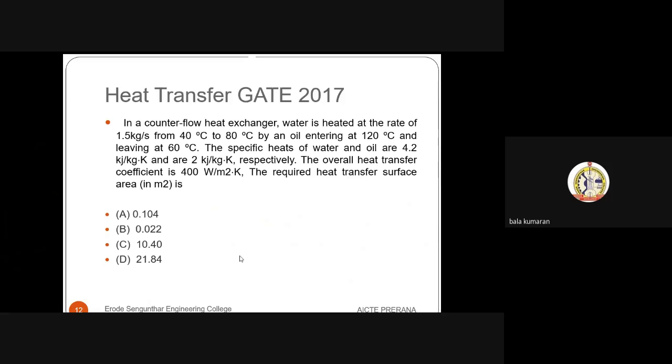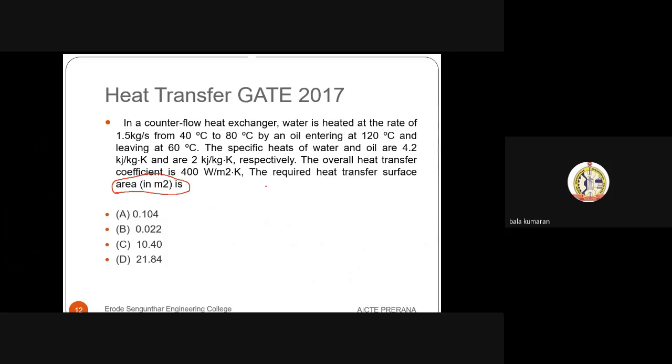The overall heat transfer coefficient is 400 watt per meter square Kelvin. The required heat transfer surface area in meter square is asked to be found.